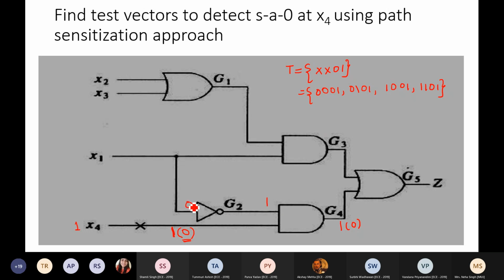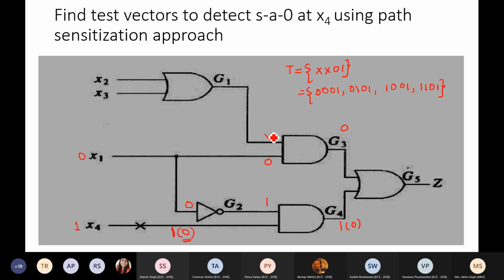Okay? If the value on this wire is 0, then the value of 0 will also be seen at x1. It will also be seen at the input of this AND gate. If one input of this AND gate becomes 0, then definitely my output will go to 0, irrespective of the value at the second input.